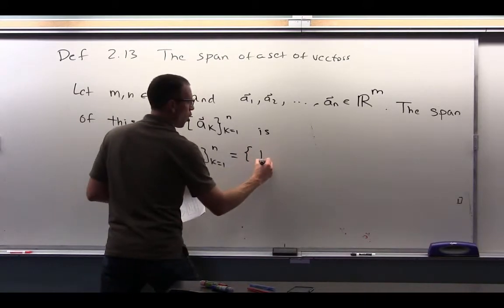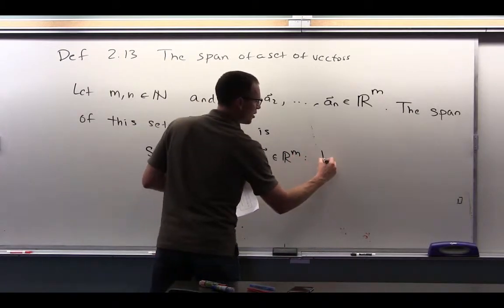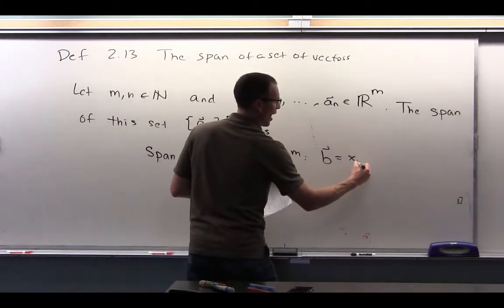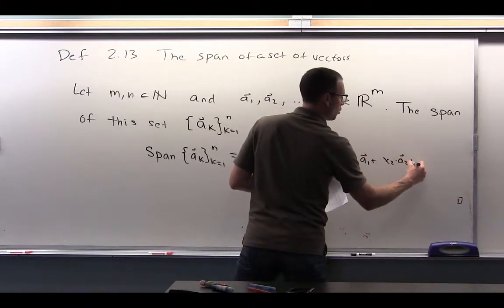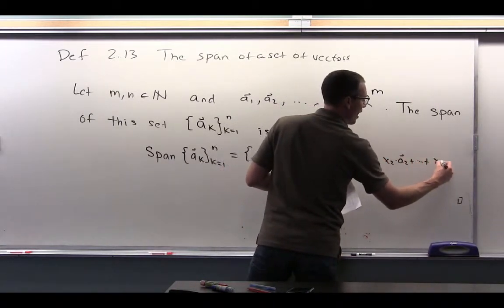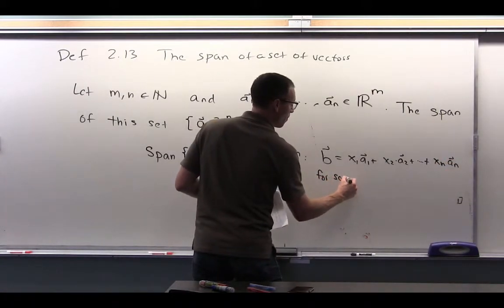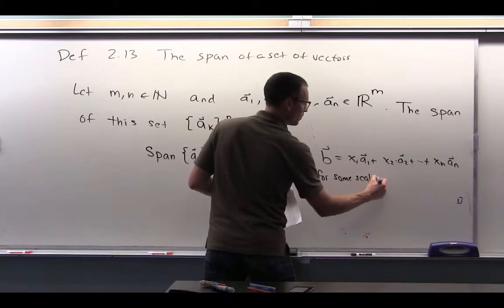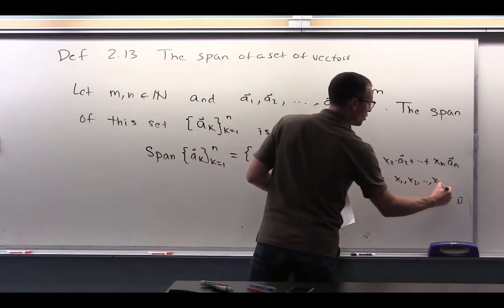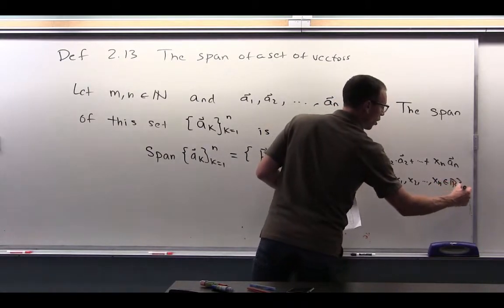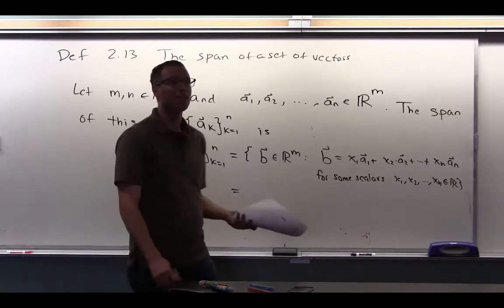So it's the set of all b in Rm such that b is equal to x1 a1 plus x2 a2 plus up to xn an for some scalars x1, x2, all the way to xn in R. And another way to say that, could you guess another way to say that?